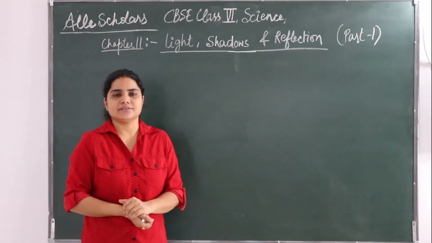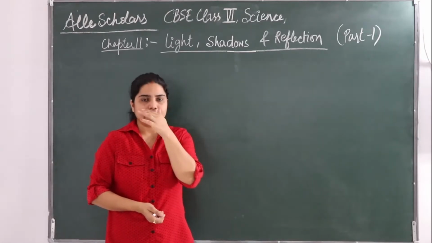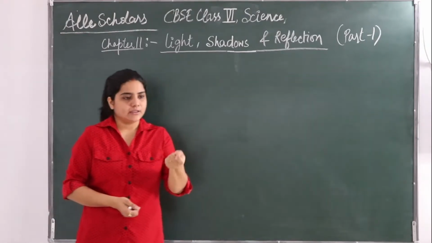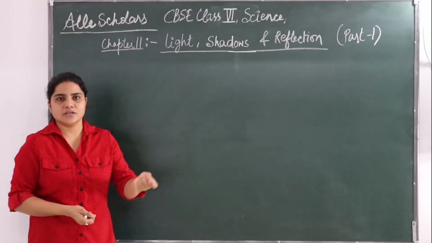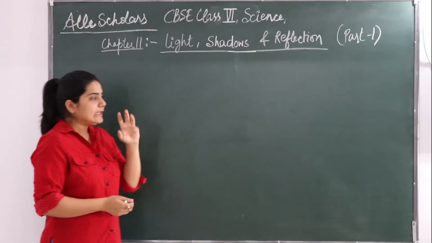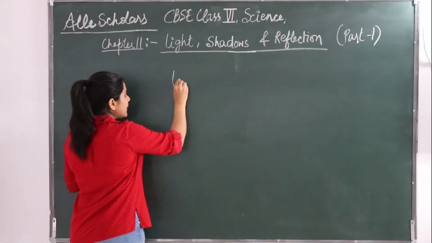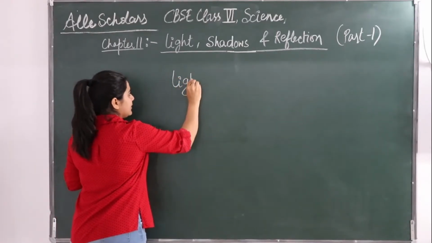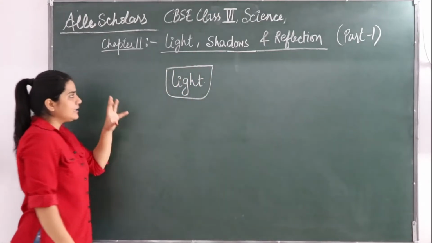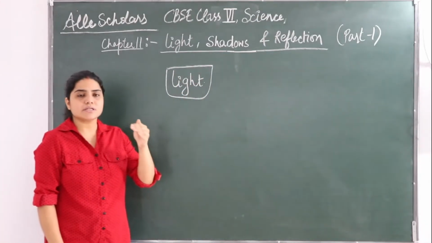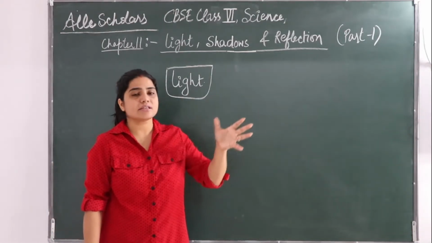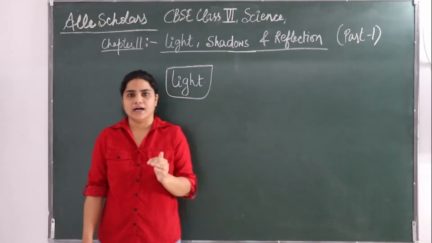In the night when electricity goes, if there is no light, you cannot see anything. Then you need to switch on the torch, or you have to burn a candle. So it means there is a thing that is called light, and this light helps us in visualizing things, in seeing the objects nearby us.